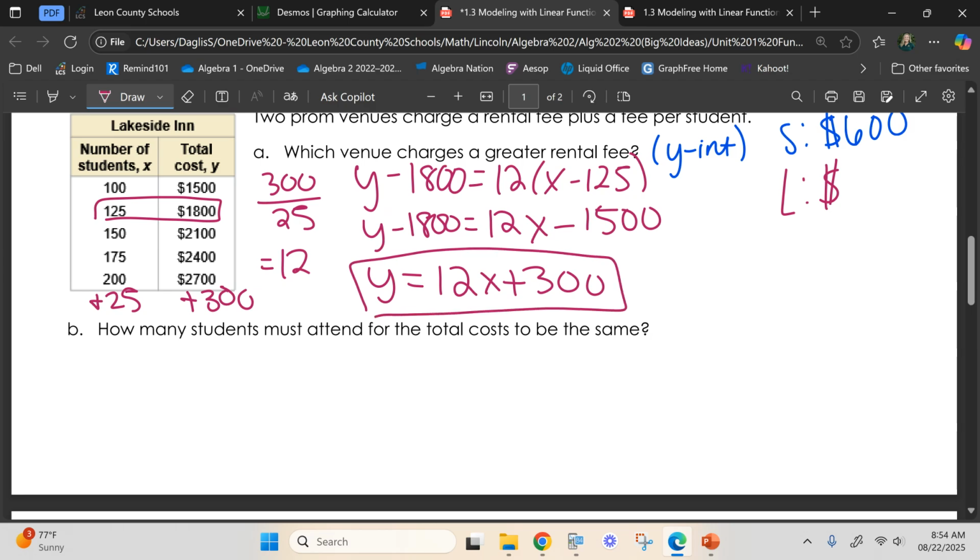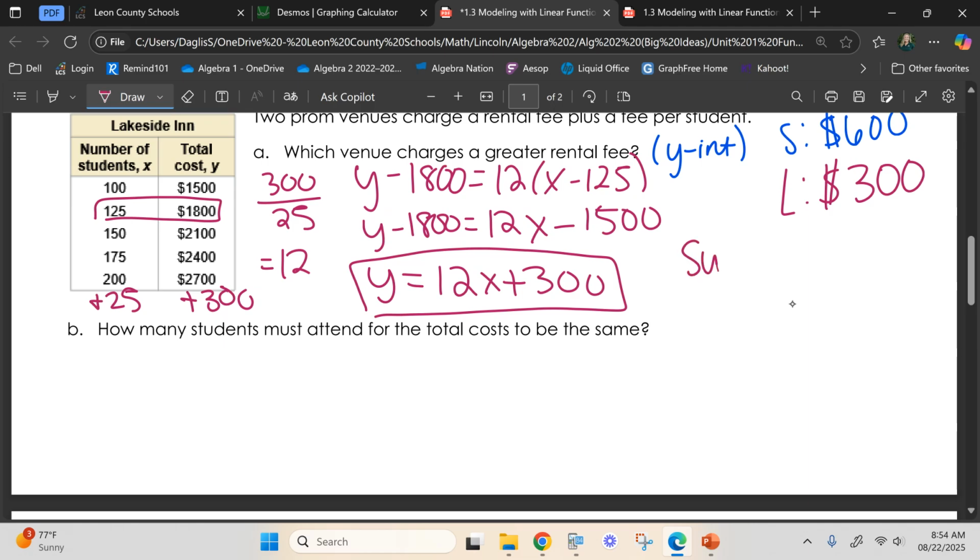So how much does it cost to rent the Lakeside Inn? $300. So it's cheaper to rent Lakeside, but the cost per student is cheaper over at Sunview. Does that make sense? How we can compare these two together? All right, but it wanted to know rental fee.